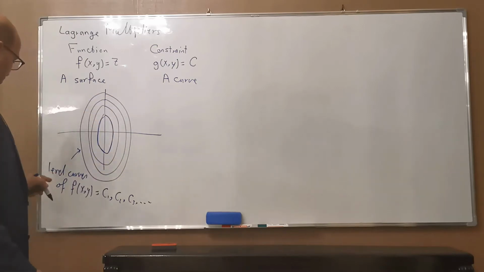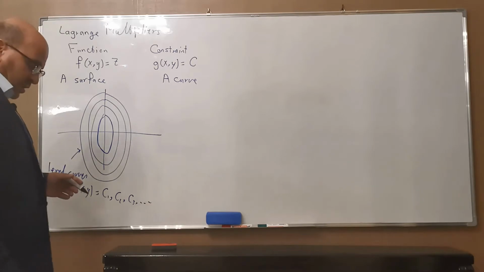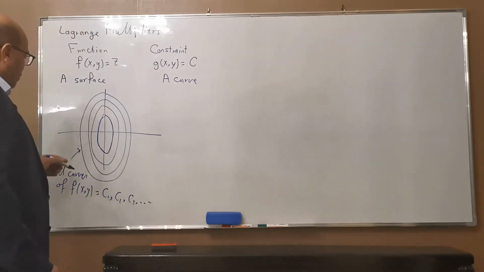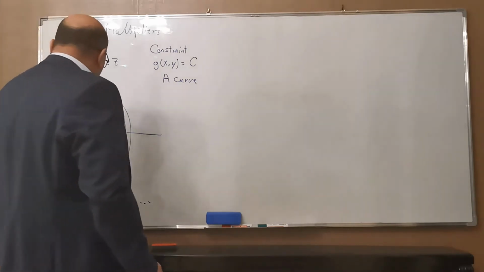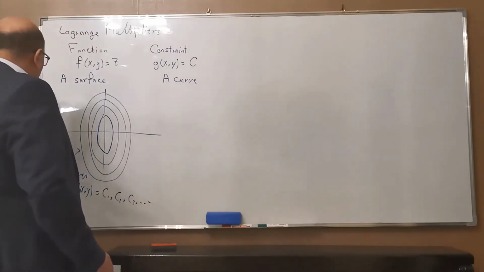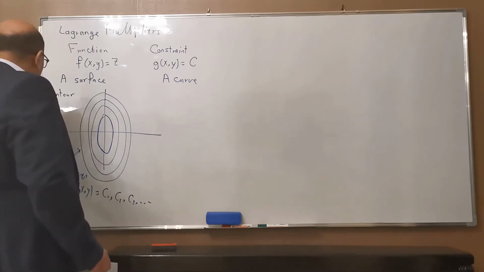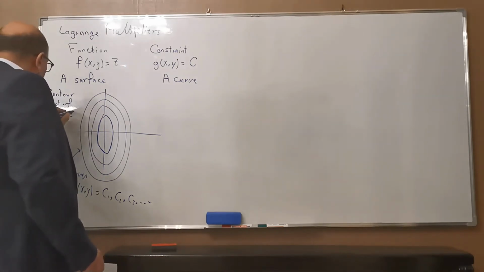So those are called level curves, or sometimes we call them contour plot of f of x and y equals z.